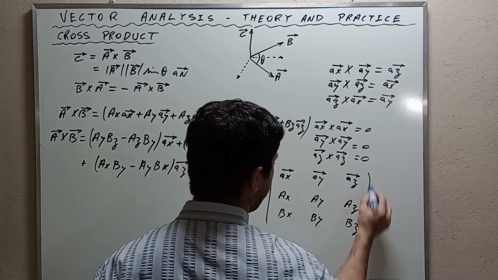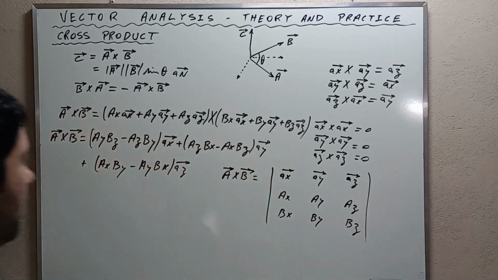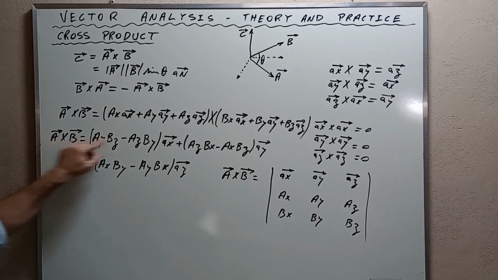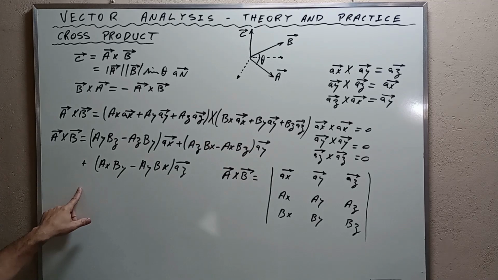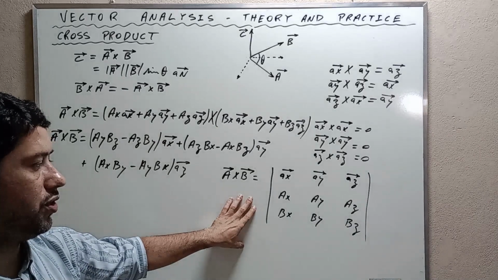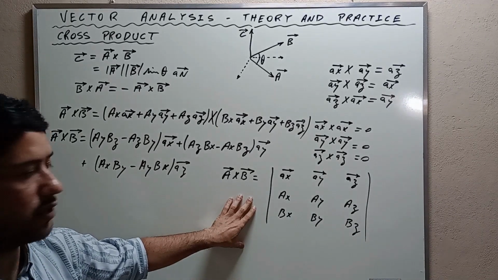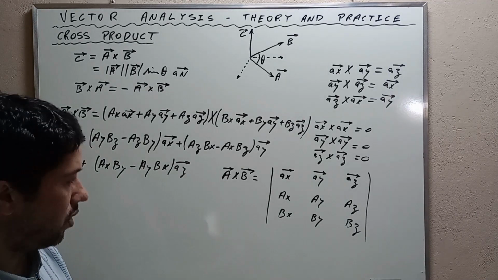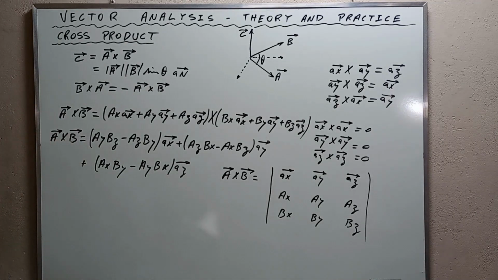Okay? We can memorize this instead of memorizing the expansion. There is an easier way of memorizing this, and we use this determinant to memorize the way we calculate the cross product.